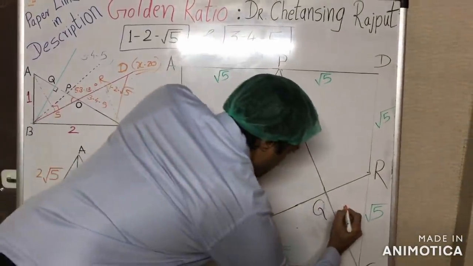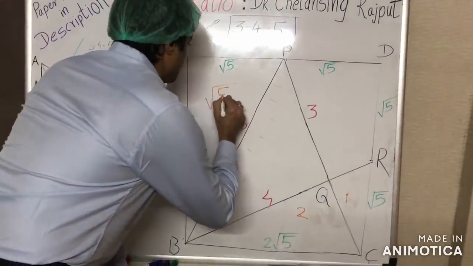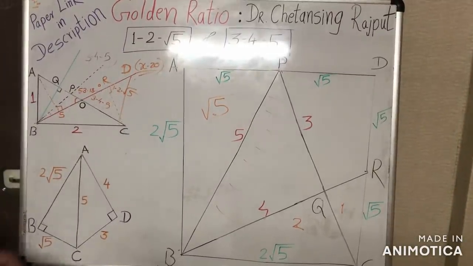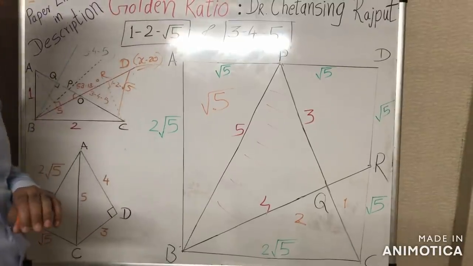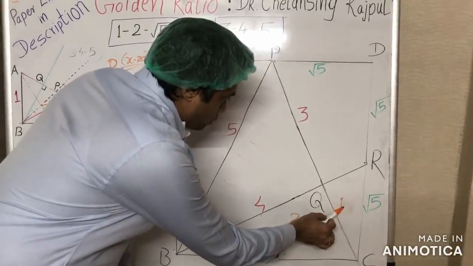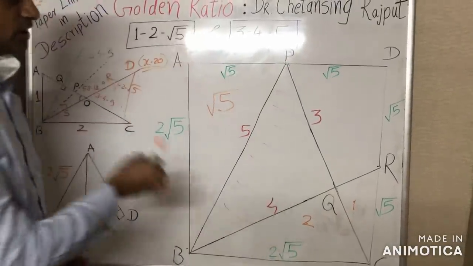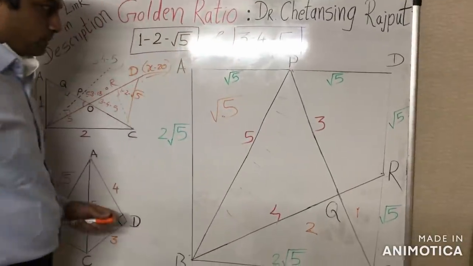The proportion is 1, 2 and root 5. Such a simple dissection of a square giving such classical geometry. So these 1, 2, root 5 triangles are in specific proportion with each other, and the central triangle produced here is a Pythagorean triple.